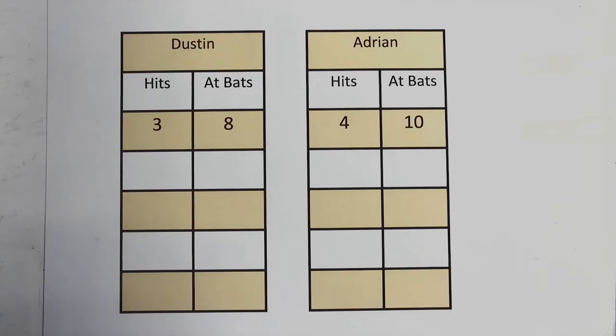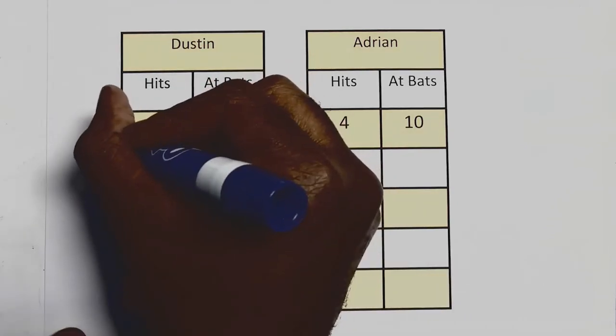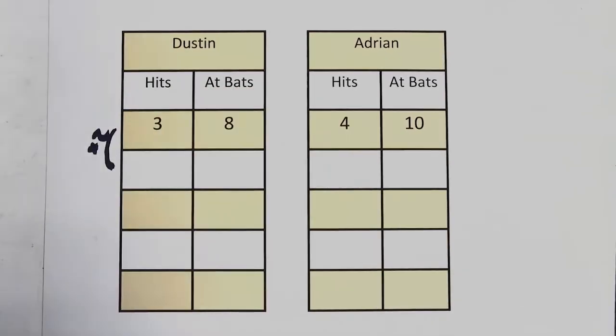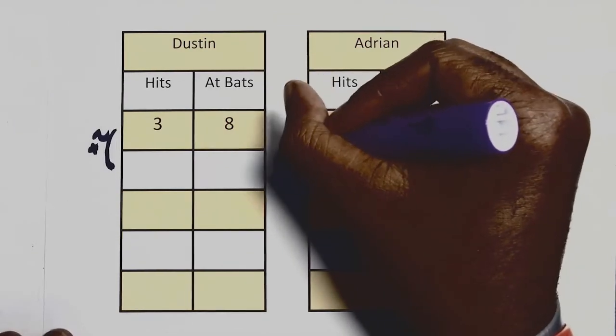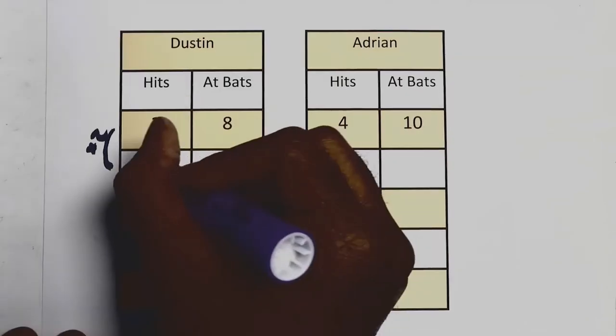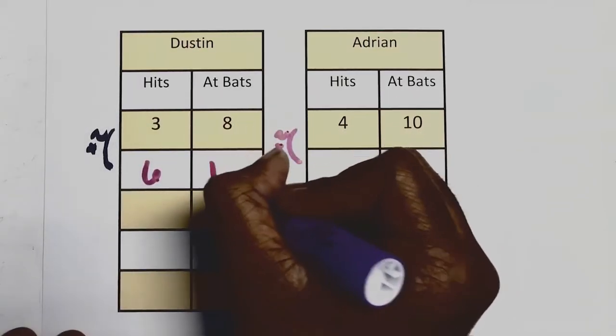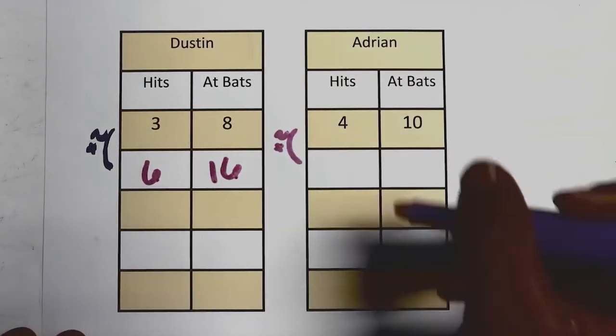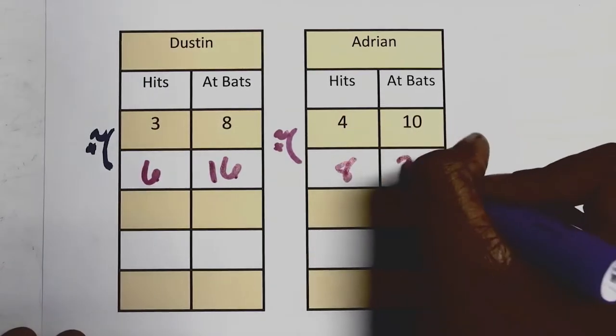So from our lesson yesterday, I know that to make our equivalent ratios, I can multiply by 2. 3 times 2 and 8 times 2 is going to give me 6 and 16. This one will give me 8 and 20.